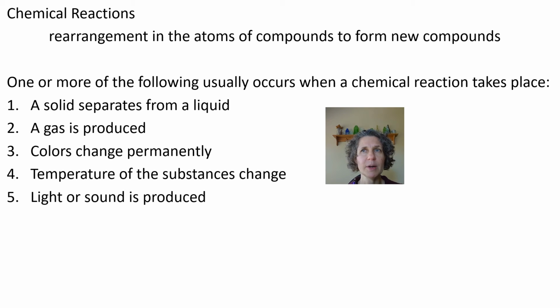That's more a biology chemical reaction, at least from my experience, but that is a possibility. One other one that's not on this list, because it's not in your book, is that an odor is produced. Again, it depends on your source, but these are the main things that you see.